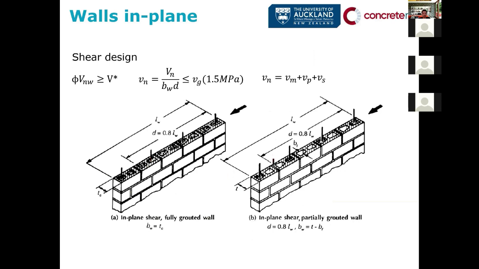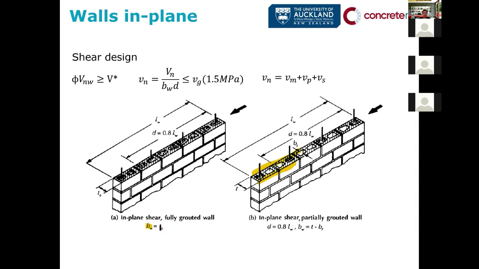However, if we have a partially grouted wall where only one every 3 or 4 holes is grouted, then only the shells of the wall, that thin one there and that thin one there, are actually contributing to the shear capacity of the wall.